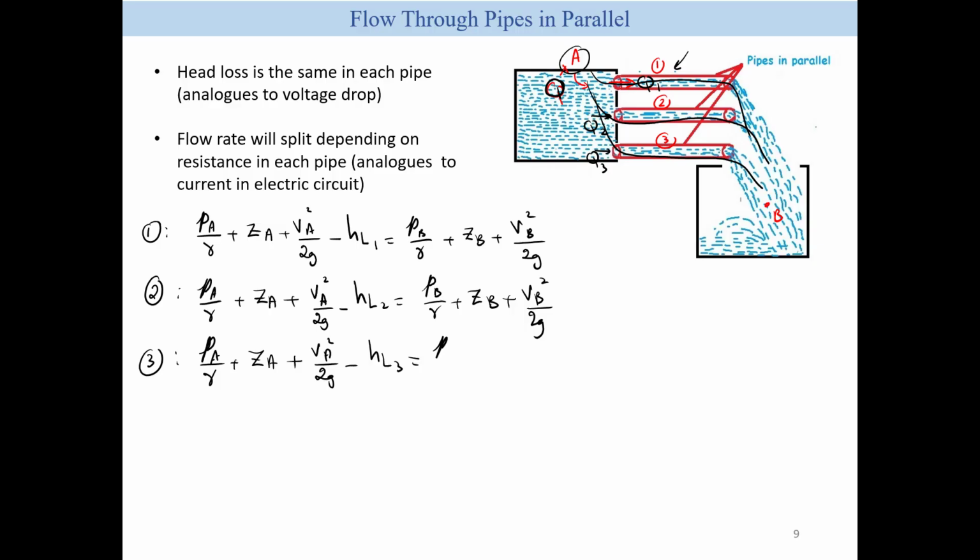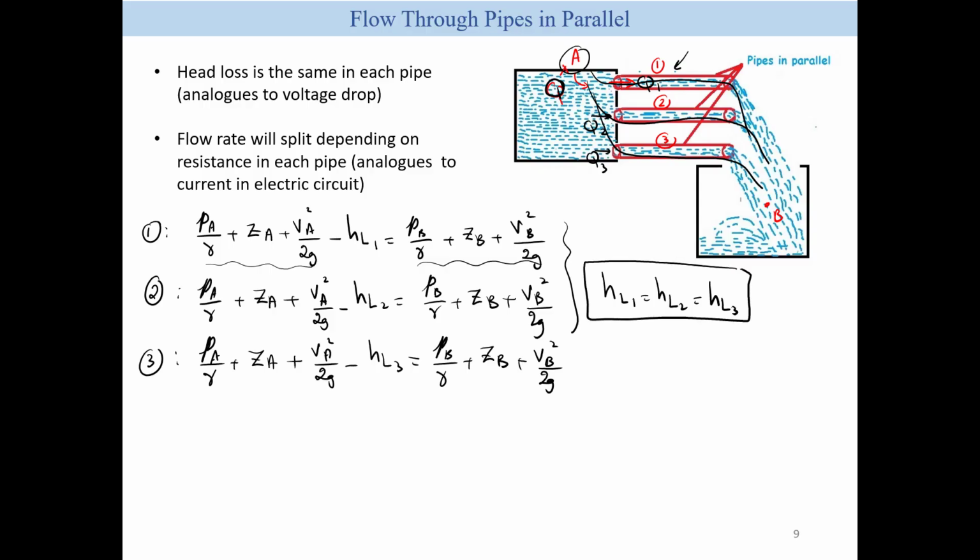The only trivial solution for this system is that the head loss through pipe number 1, or H sub L1, has to be equal, because if you equate them, you're going to cancel all the terms on the left side and all the terms on the right side, and you'll be left with head loss 1 equals head loss 2 equals head loss 3, and so on. So the head loss for this pipe is equal to the head loss here, and is equal to the head loss through pipe 2.